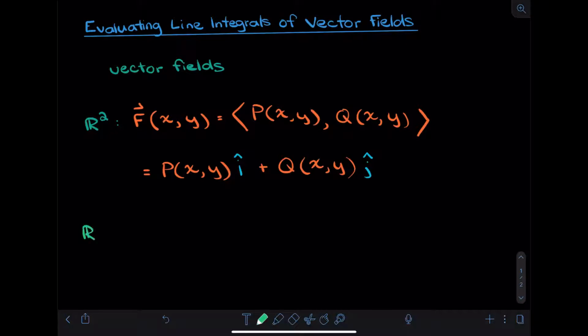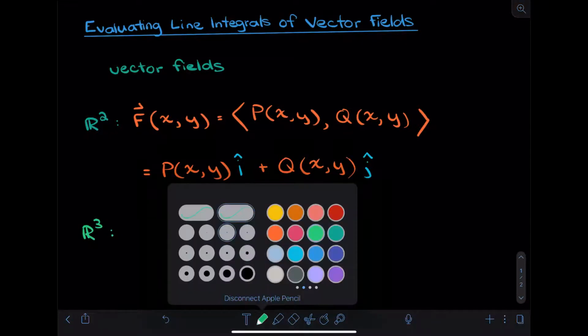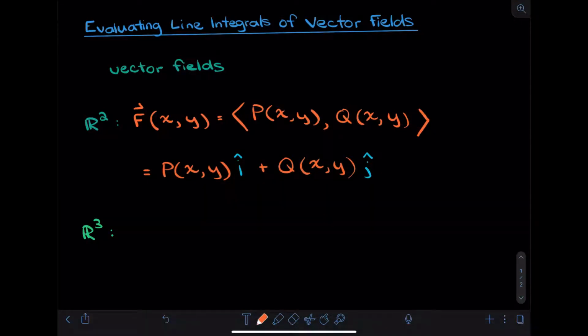Now, we can also look at R3, which is not really that much different. The only difference is we're going to add that extra variable z. So we'll have x, y, and z in our capital F function. And we will still have a vector function, but we're going to have one more.